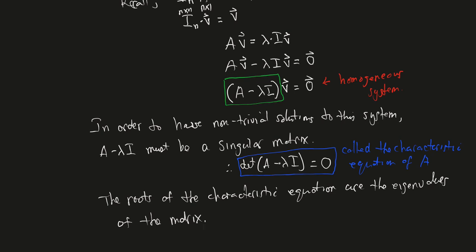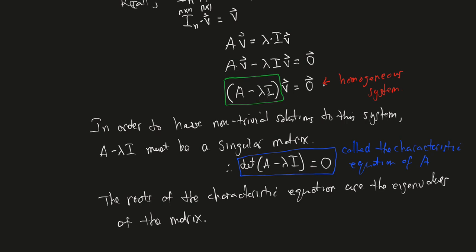And then once we know lambda, we can go back to our homogeneous system and solve for the vector v, right? That's the two-step process. We find the roots of this characteristic equation. Those roots are going to give me the eigenvalues. Once I know the eigenvalues, then suddenly the lambda is not unknown.